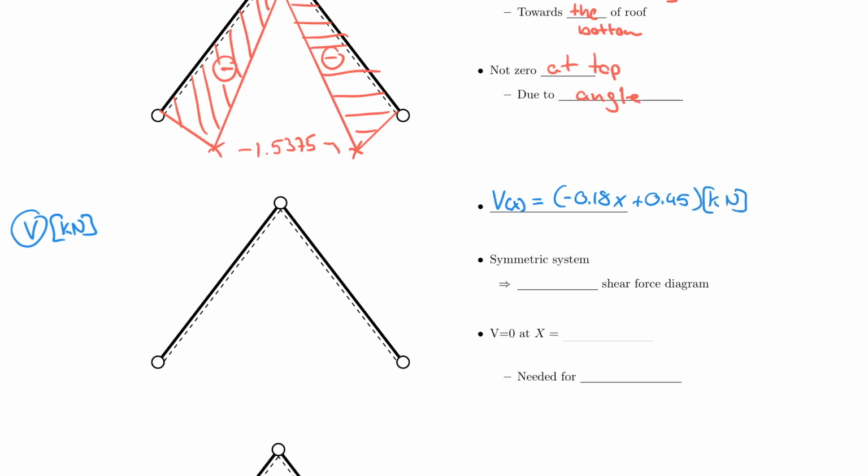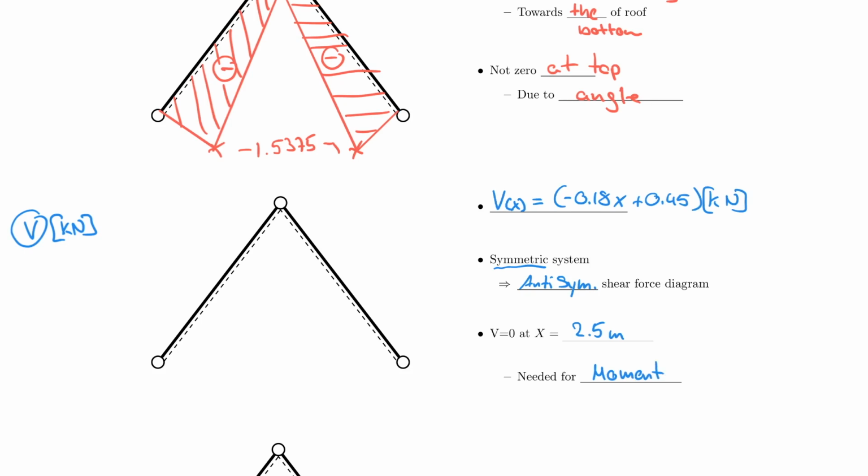And remember that we had a symmetric system, and therefore our shear force is anti-symmetric. And needless to say, the shear force is equal to 0 at x equals 2.5 meters. So we need that for the moment.